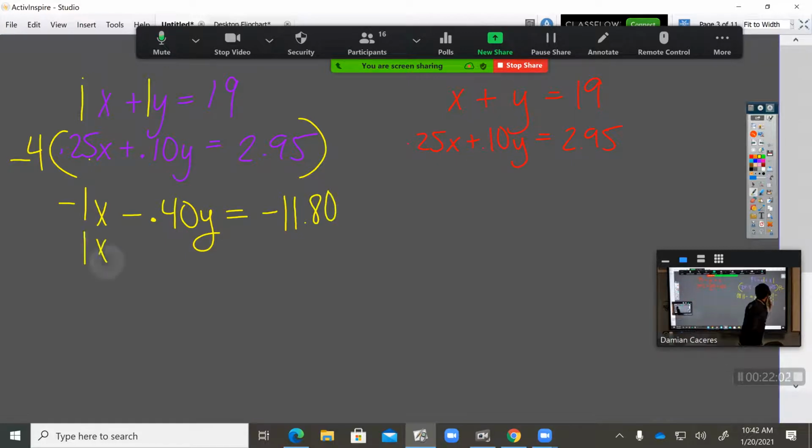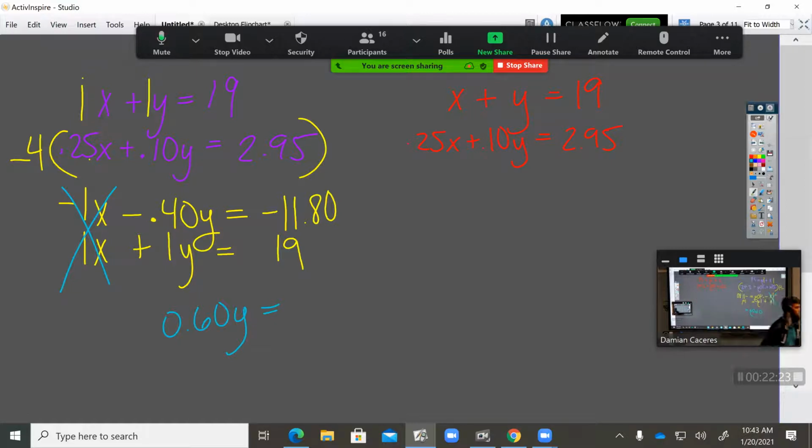Now write the other equation right below this one so you don't get confused. And let's combine here. So negative 1x plus 1x eliminates. Negative 0.40y plus 1y is 0.60y.